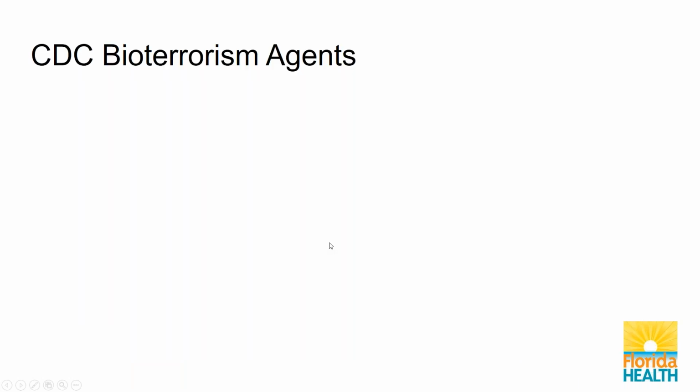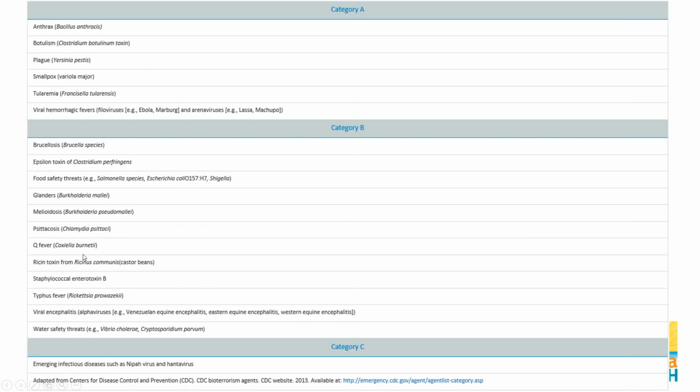If we look at the APIC list, Q fever, category B. Ricin, category B. Smallpox and SARS.